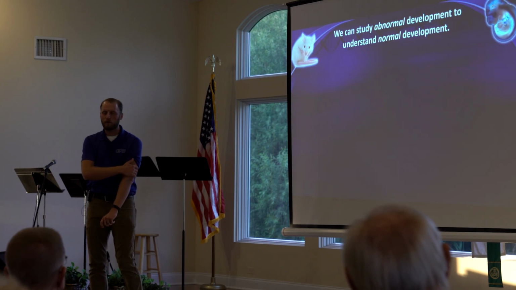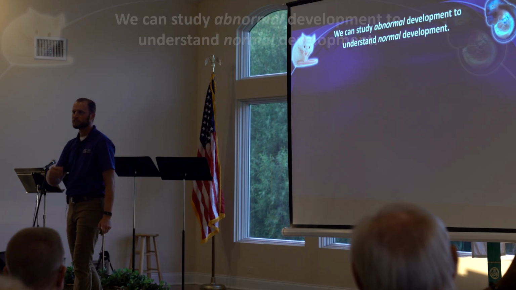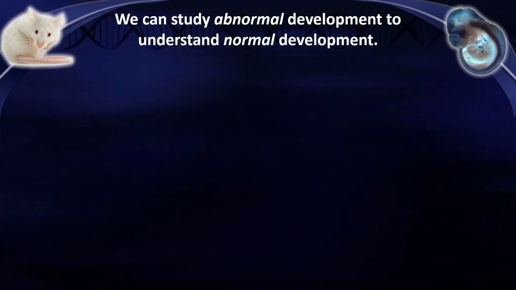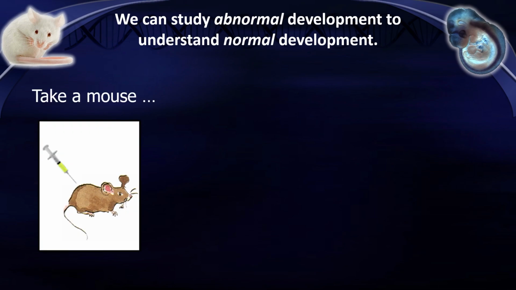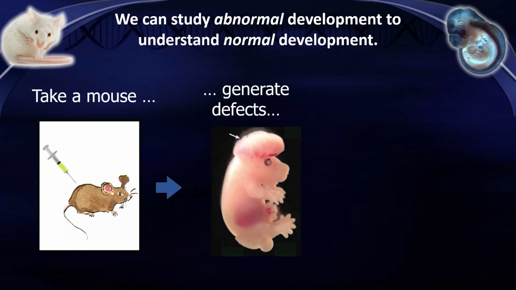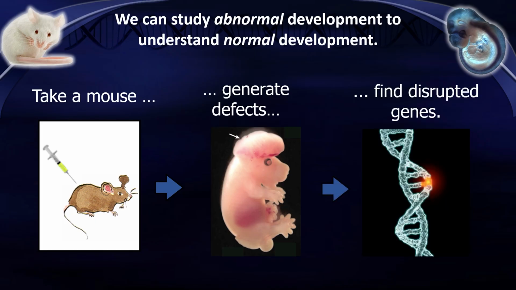So here's what we did in my lab at Cornell University during my graduate studies. We would take a mouse and inject it with a pretty nasty chemical, and that would cause birth defects. And then we would isolate those birth defects, and we would try to figure out which gene has a mutation in it that's causing that birth defect.